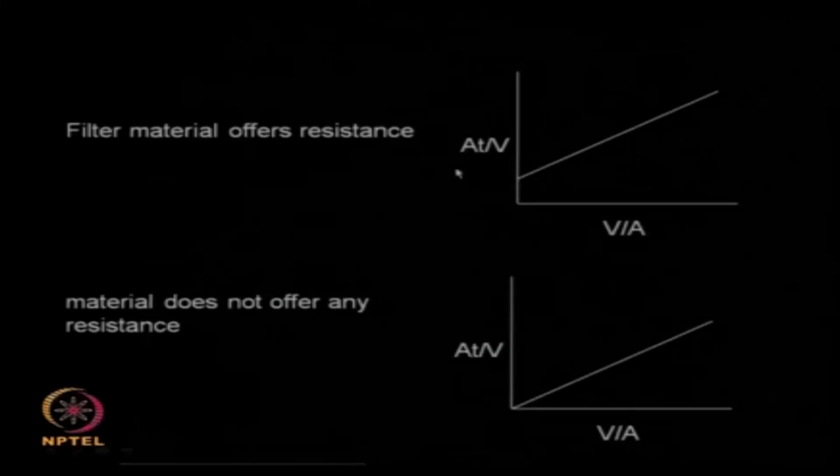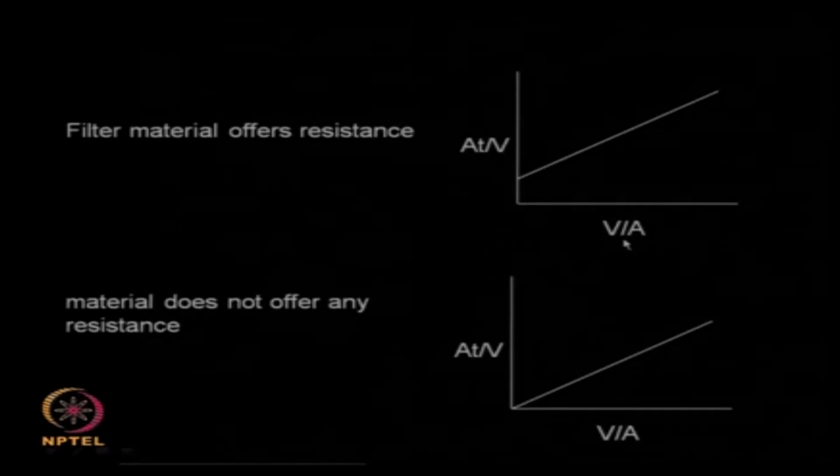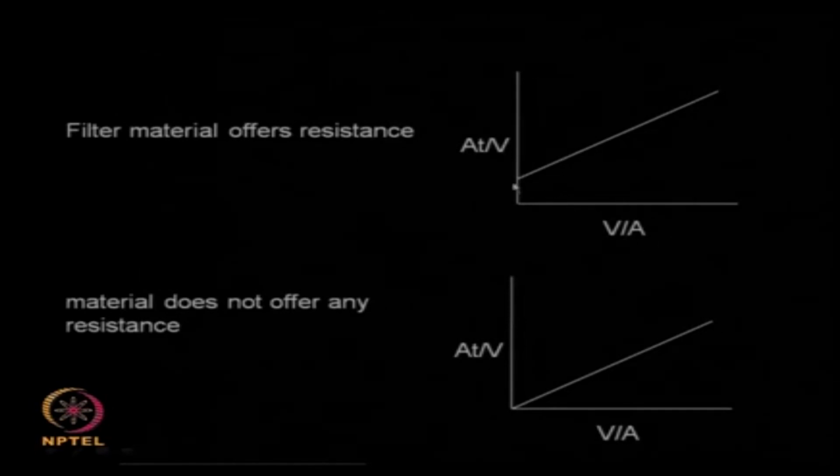Then I plot a graph of AT by V versus V by A and see whether the straight line passes through the origin. If it does, the filter cloth does not offer any resistance, whereas if it does not pass through the origin, the filter cloth offers some resistance.